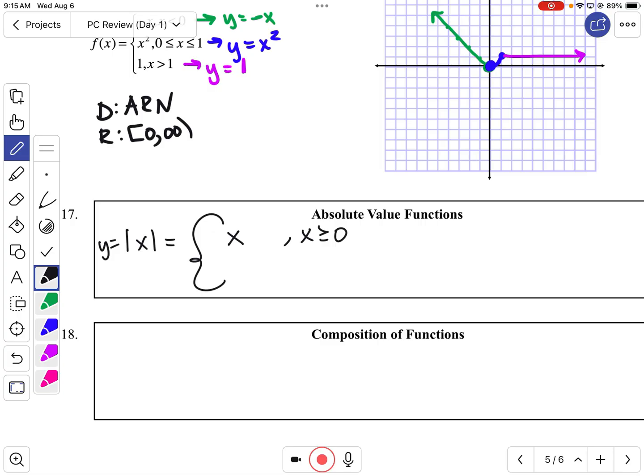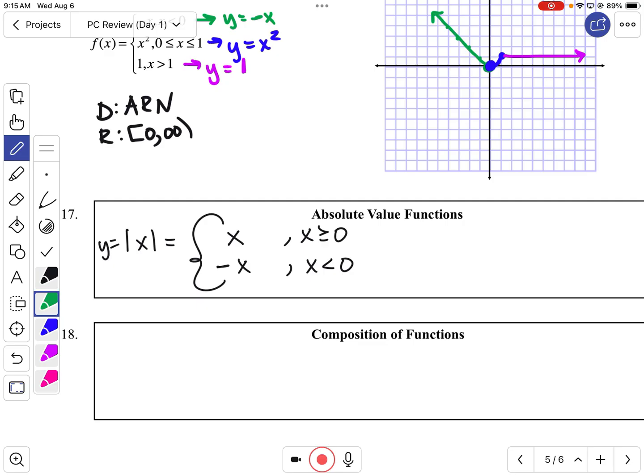Okay? But if I put in a negative number, what happens to that negative number? It becomes a positive. It becomes the opposite of what I put in. So that piece is the opposite of x, because if I put a negative in, I get a positive out. So the opposite of a negative is a positive. All right, and that's where that definition comes from, and we will use it a lot. Okay, so just as a heads up.